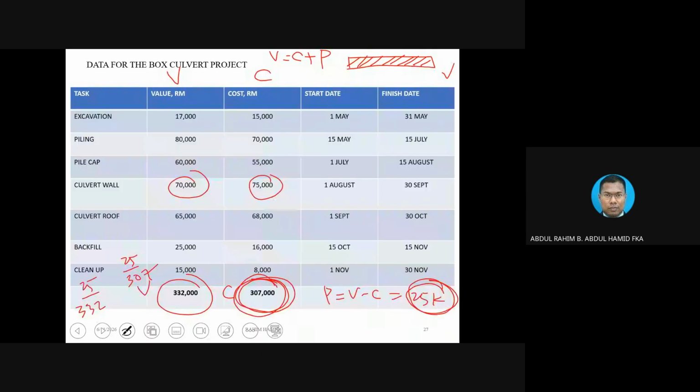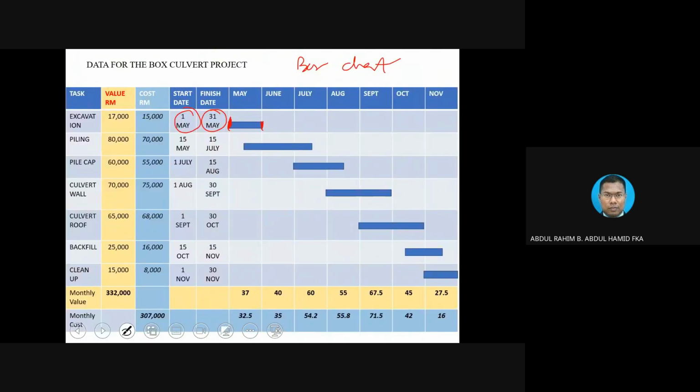From this diagram, let's say we start with value, since value is already here. So how do we do that? We distribute the value into the bar according to each month.